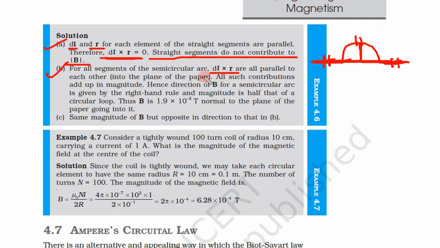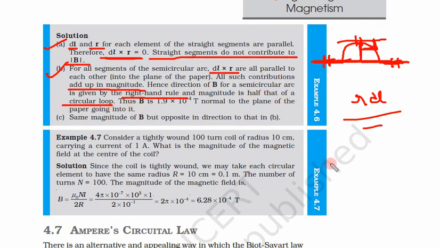This dl cross r is simply r dl here, because if I extend this, there is theta which is 90 degree, so this will become r dl. All such contributions add up in magnitude, hence the magnetic field for a semicircular arc is given by the right hand rule. The magnitude is half of that of a circular loop.